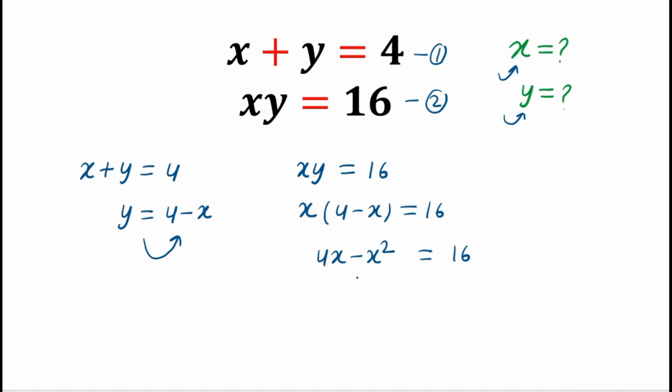Now look carefully, on the left hand side the coefficient of x squared is negative, so first we will make the coefficient of x squared positive. We multiply both sides by minus 1.